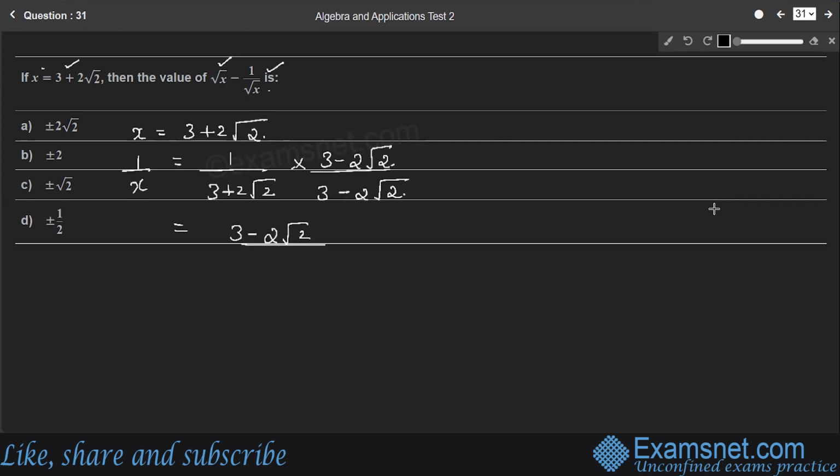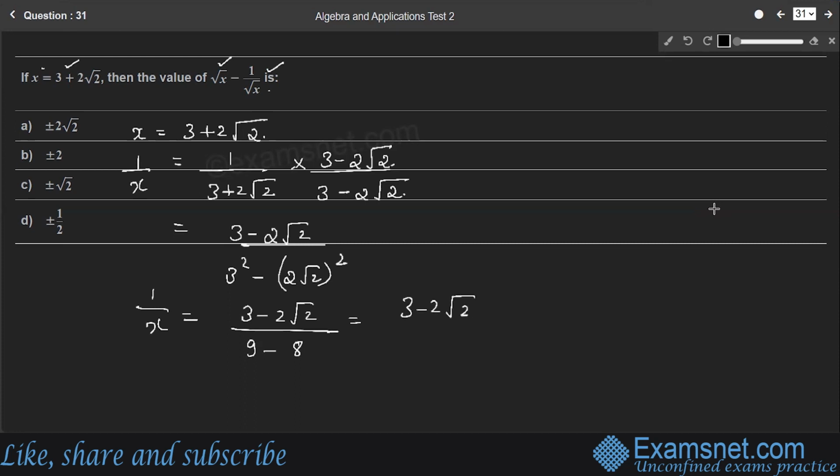A plus b into a minus b is a square minus b square. So which is 3 square minus 2 root 2 the whole square. And 1 by x is equal to 3 minus 2 root 2 divided by, so 3 square is 9, 2 root 2 the whole square is 4 into 2 which is 8. Therefore, 1 by x is 3 minus 2 root 2 and x is 3 plus 2 root 2, right?